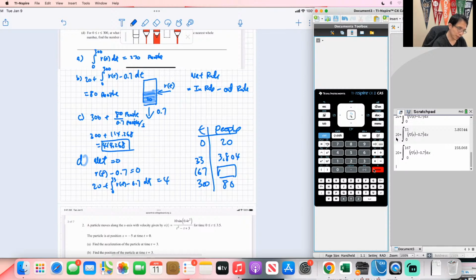So 158 is not a point of interest. That's actually a relative minimum. So this is the lowest value here, which is 3.804 at 33 seconds. Does that make sense? Are we okay?